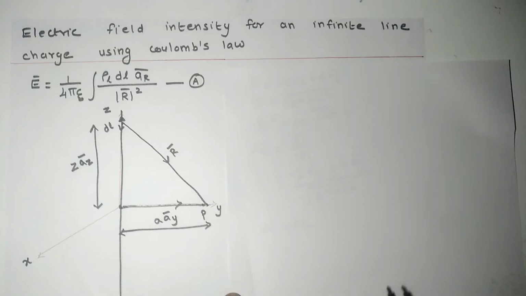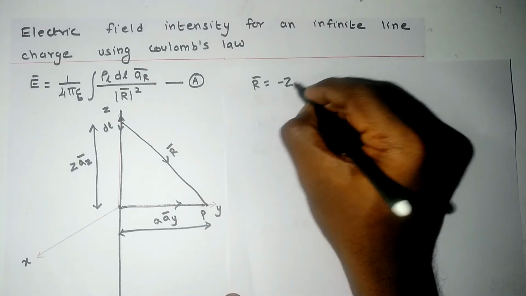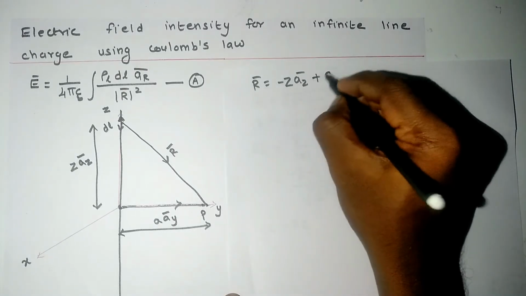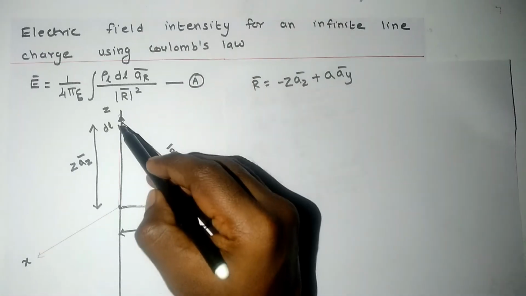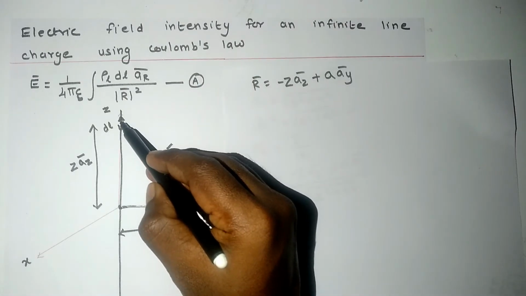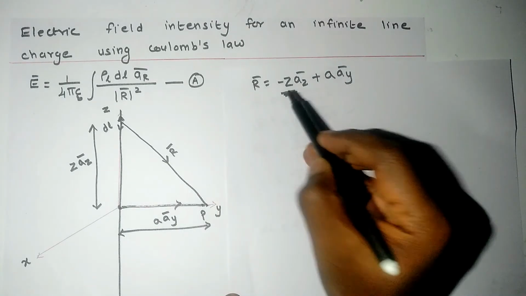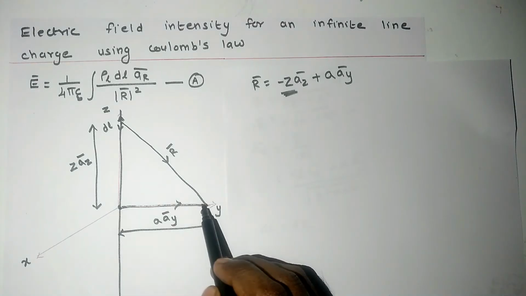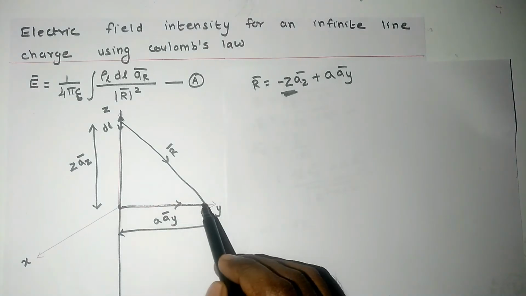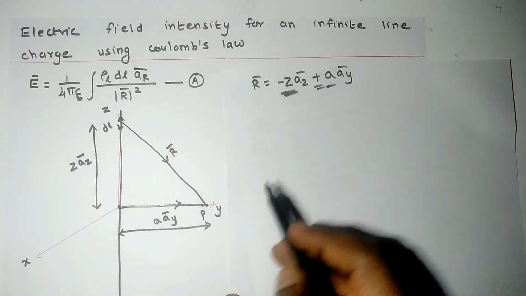Now R vector can be written as minus z az plus a ay. As the value of z decreases from dl to origin, we are using a negative symbol here. At the same time, when we move from origin towards the point P, the value of a is going to increase. That's why a positive symbol has been used here.